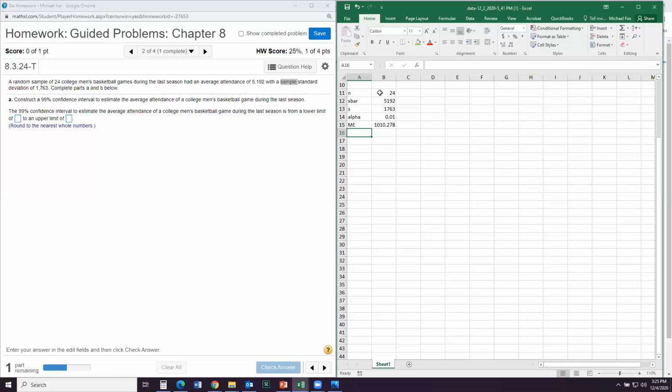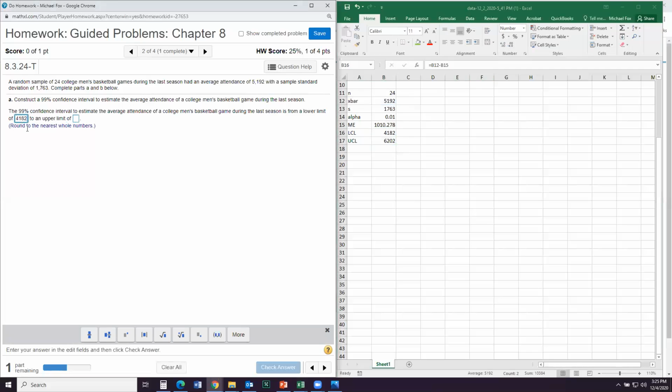There's my margin of error. And my lower confidence limit is just going to be x bar minus the margin of error. My upper confidence limit will be x bar plus the margin of error. It asks to round to whole numbers, so I'll let Excel do that for me. 4182 and 6202.